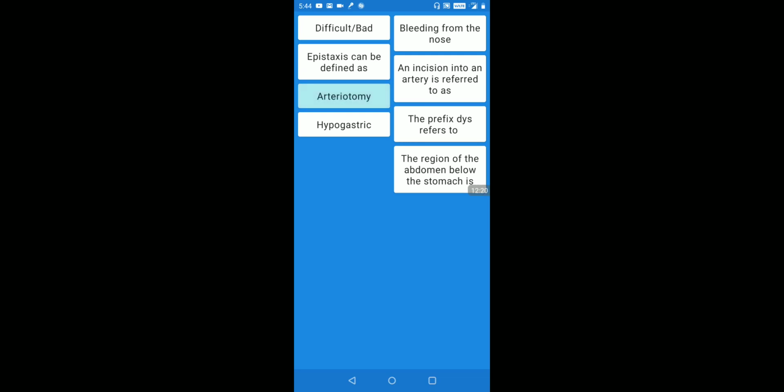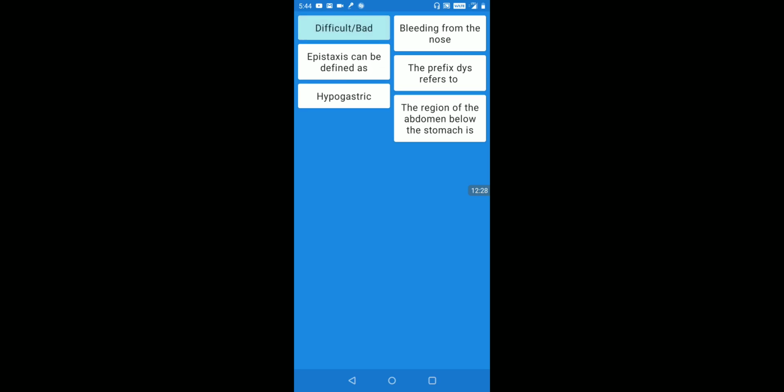Arthrotomy, what the frick is that? Arthrotomy, incision. Epistaxis, bleeding from the nose. Hypogastric, region below the stomach. The prefix dys refers to difficulty. And boom.